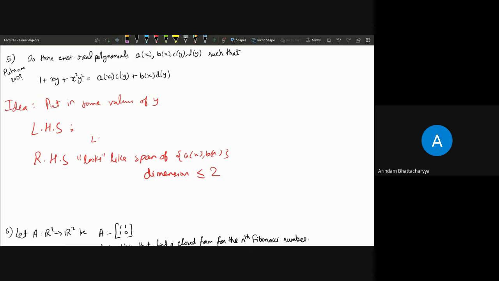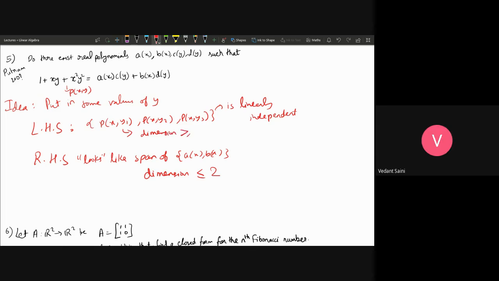So the idea is that you put in a value of y. Let me call it p of x comma y. The idea is to show that p(x, y1), p(x, y2), and p(x, y3) are linearly independent for some values of y1, y2, y3, and this will tell you that this has dimension at least 3, because 1, omega and omega square are roots of it.